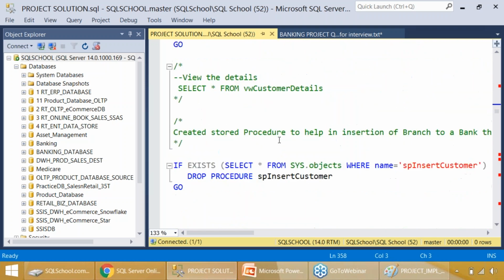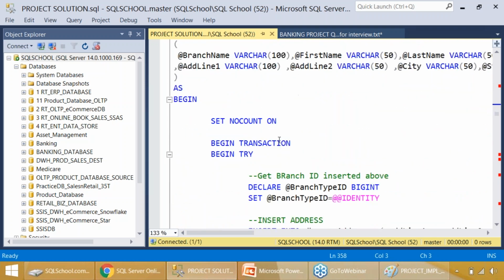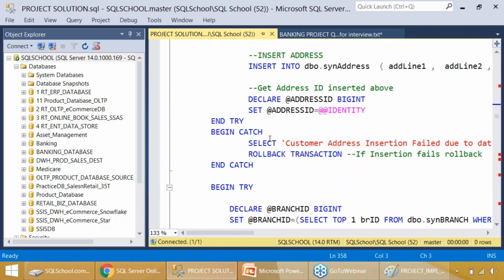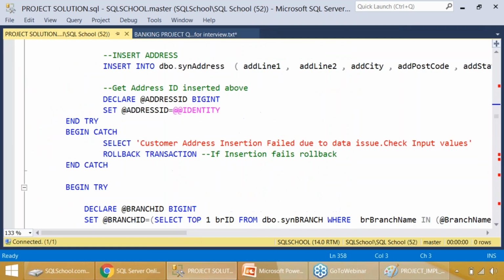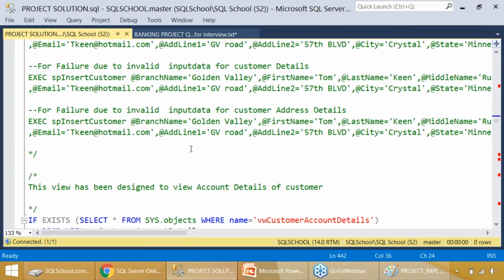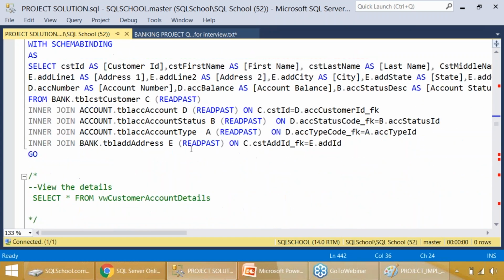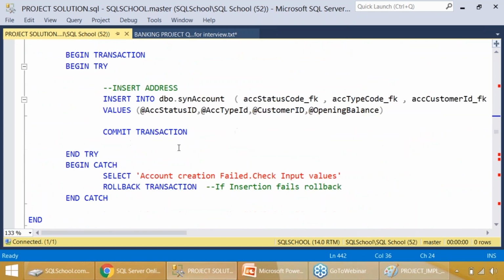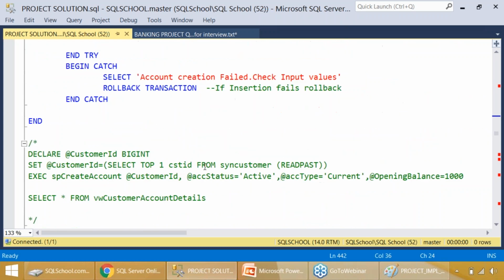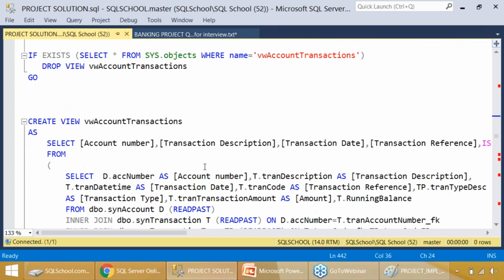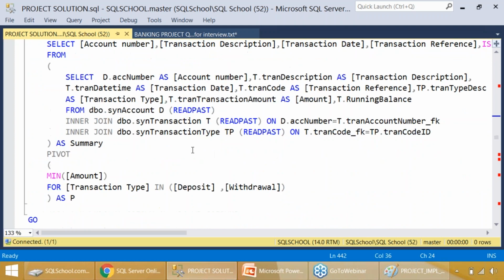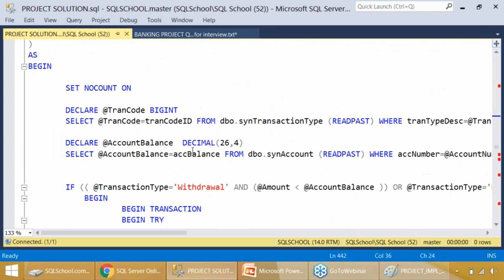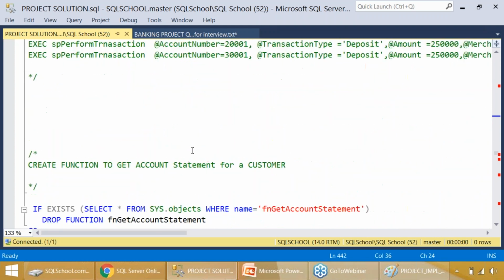Again, simple procedures to complex procedures with all possible activities, and test data, providing the common test data for this banking project solution, a complete end-to-end solution with explanation to be provided, and queries.